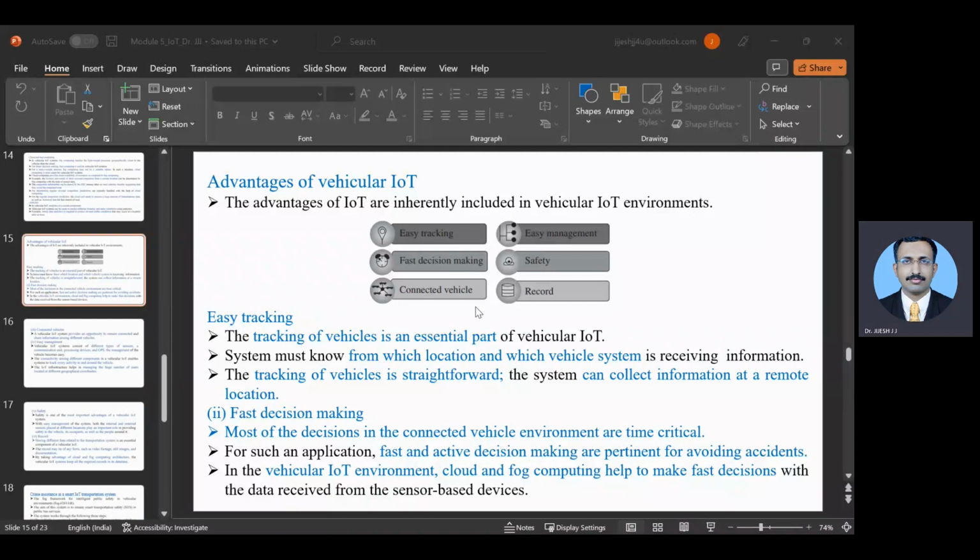The most important advantage of vehicular communication is safety, because if any problem occurs suddenly, say your car engine fails, you will come to know because of the connected sensors. If there is a brake failure, you will come to know, and you will take the necessary steps, isn't it?